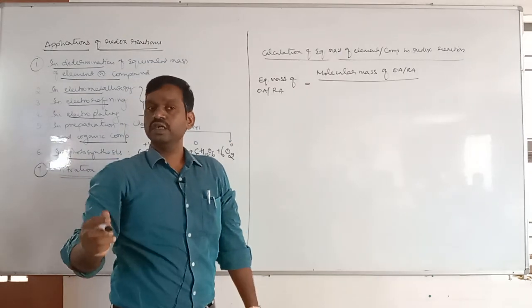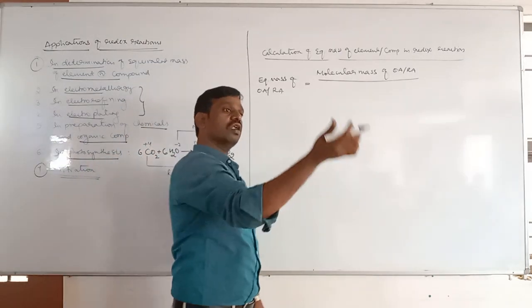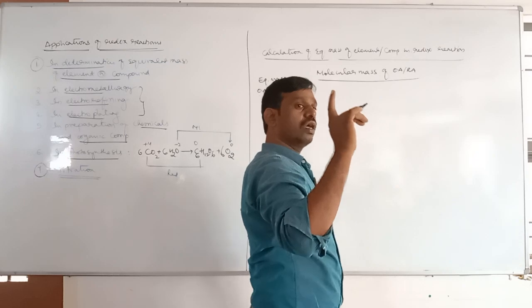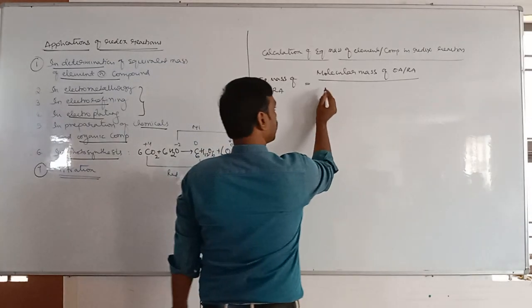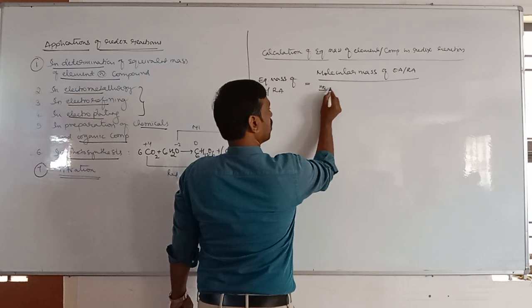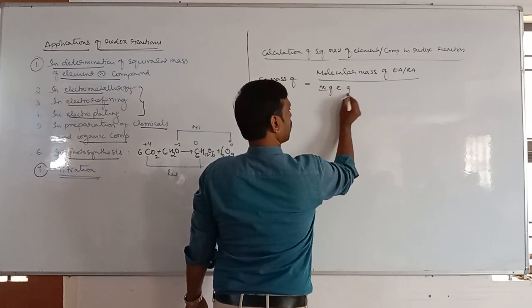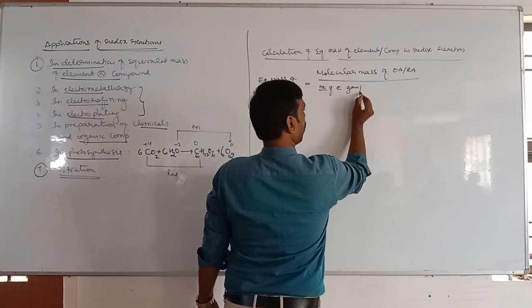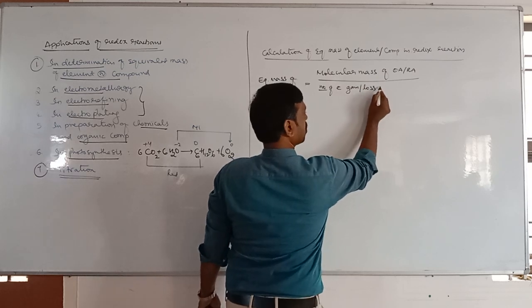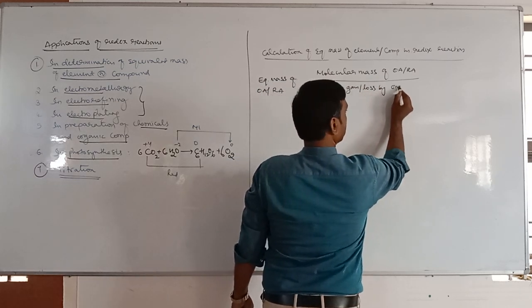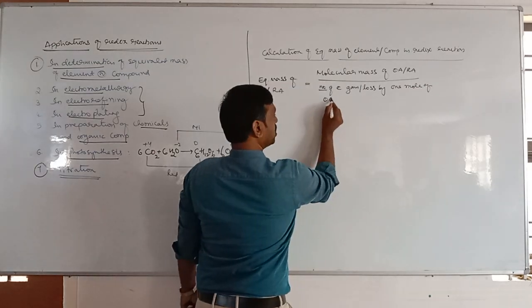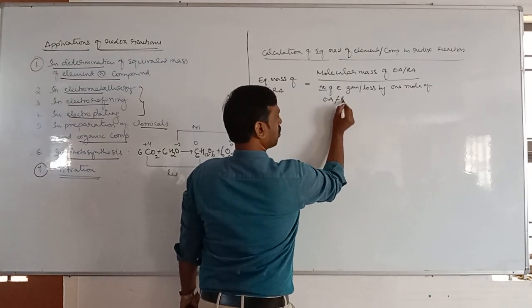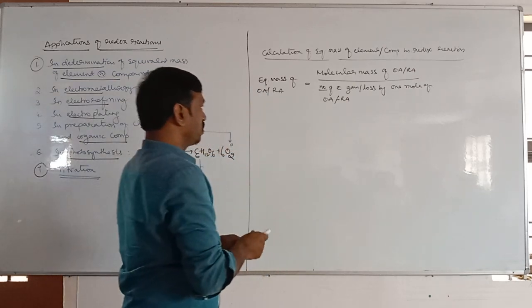What is n factor? The number of electrons lost or gained by 1 mole of oxidizing agent or reducing agent.